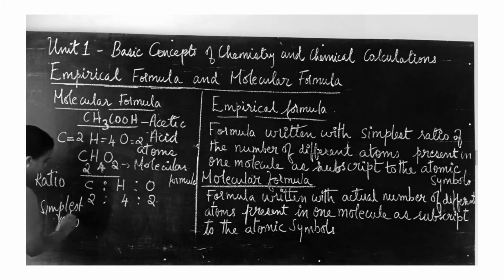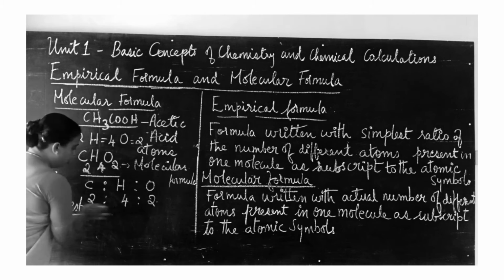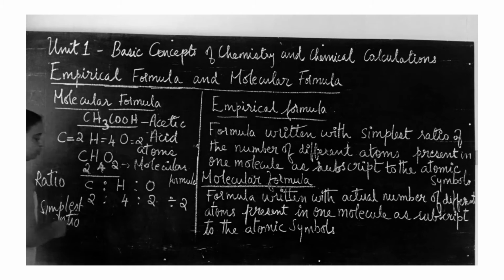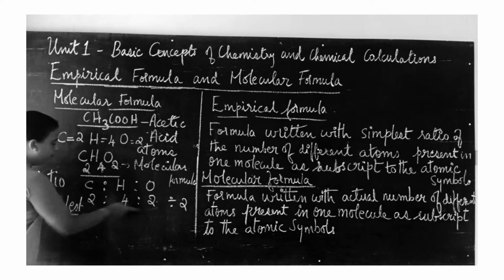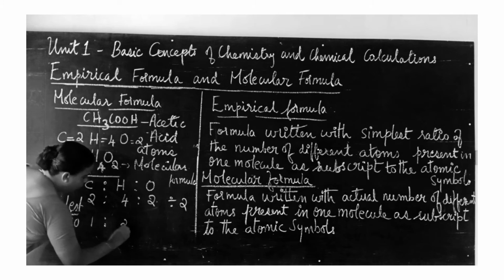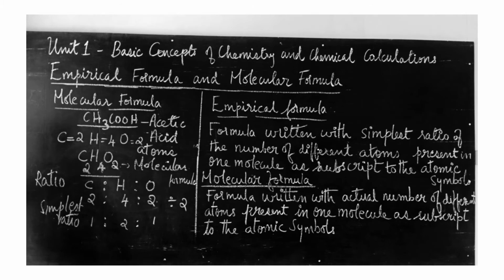How do we make it into the simplest ratio? We divide this ratio by 2. Why do we take 2? Because 2 is a common number in this ratio of carbon atoms, hydrogen atoms and oxygen atoms. So we divide by 2, and it becomes 1:2:1. Got it?